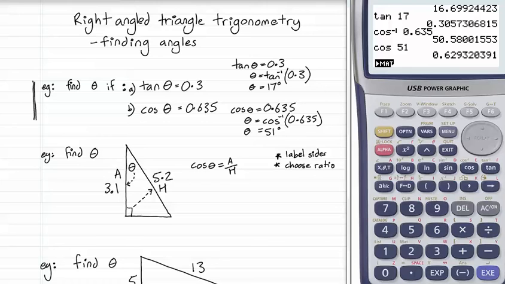My third step is always substitute in the values. These are the same as finding unknown sides so far. Cos of the angle is 3.1 over 5.2. Substitute the values in.